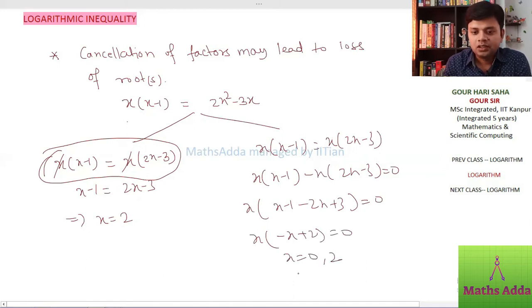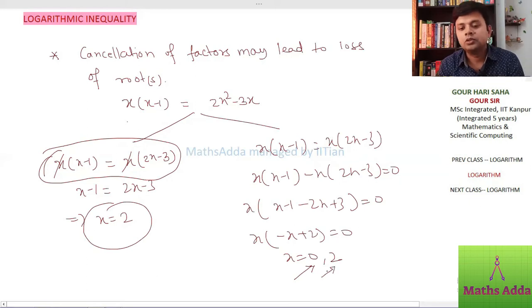You see, you get one more answer here. You missed that answer before. Put 0, 0 will satisfy this equation. So the correct situation is 0 and 2, both are answers, but before you see only 2 is the answer. So when you cancel factors, there can be a situation where you actually lose some roots. So please be careful while cancelling factors.